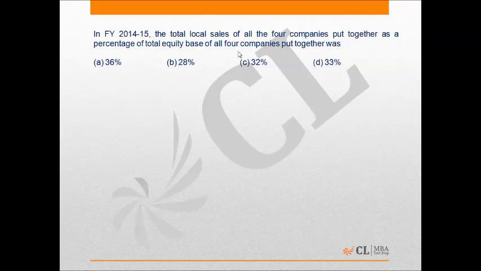In the last question it is asking the total local sales of 4 companies put together as a percentage of total equity base of 4 companies put together. So total sales of 4 companies is 130 plus 150 plus 100 plus 110.